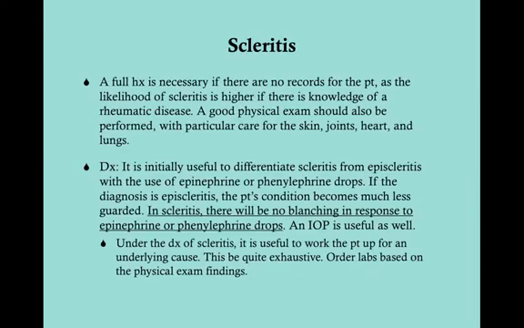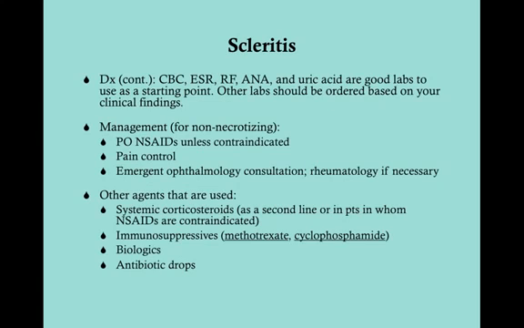If you're doing step 3, I wouldn't flood it with all the possible rheumatic labs you could possibly get. Be judicious based on the patient's symptoms, what they're presenting with, because otherwise this can be really exhaustive. There's lots of rheumatic diseases that can be associated with scleritis.